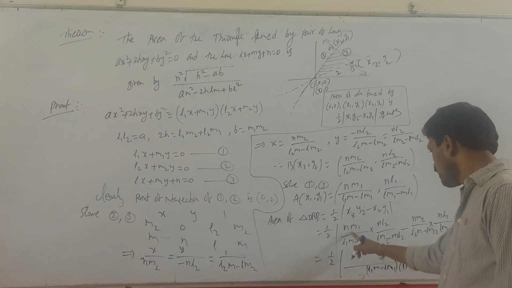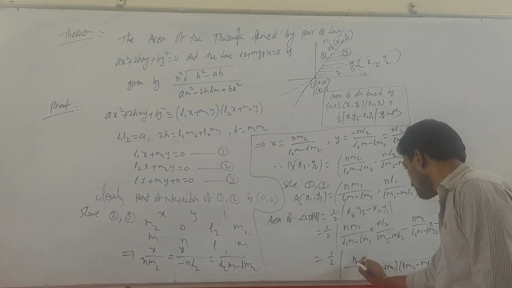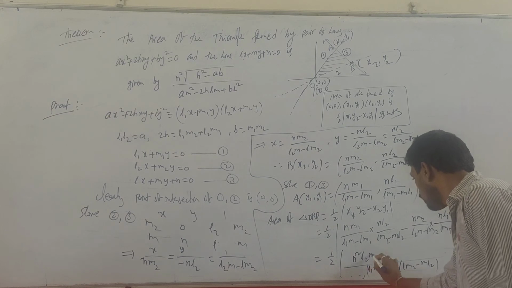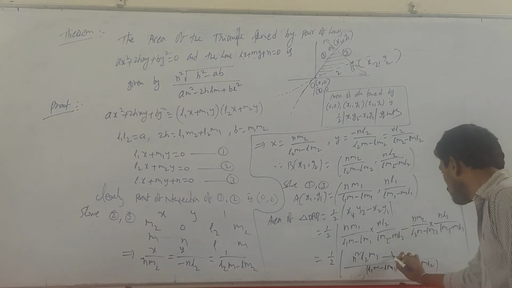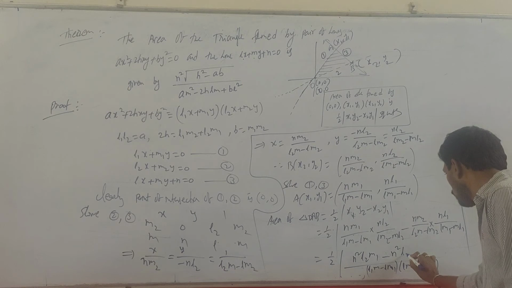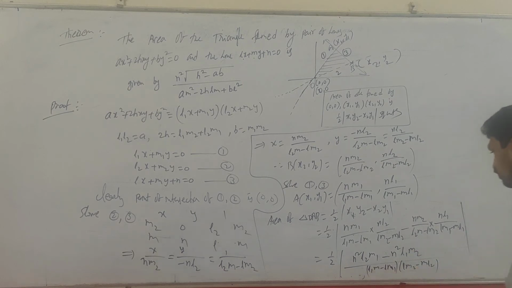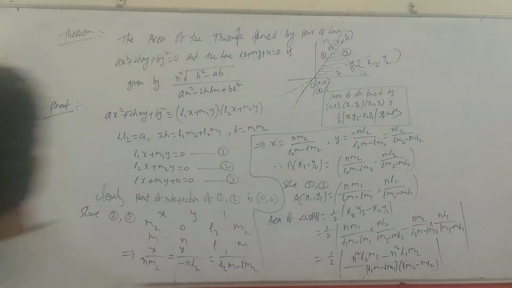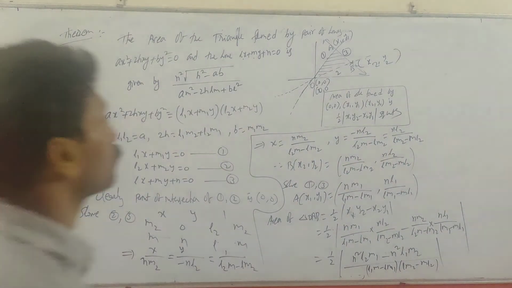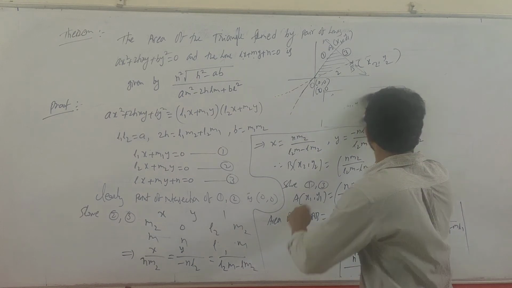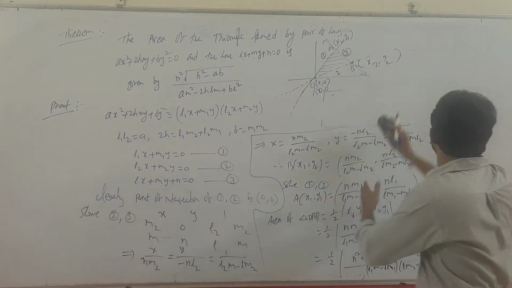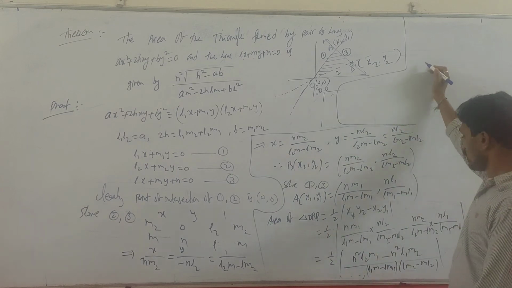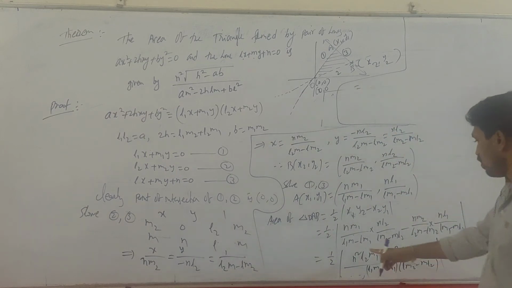Numerator: multiply n1 n2, that is n square into L2 m1 minus n square times L1 m2. So now to do the problem here, I am dropping this one, taking this space. See, this is equal to what you have.